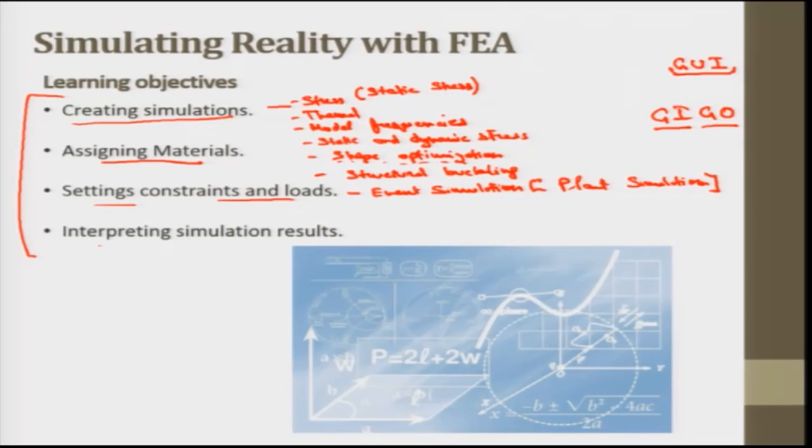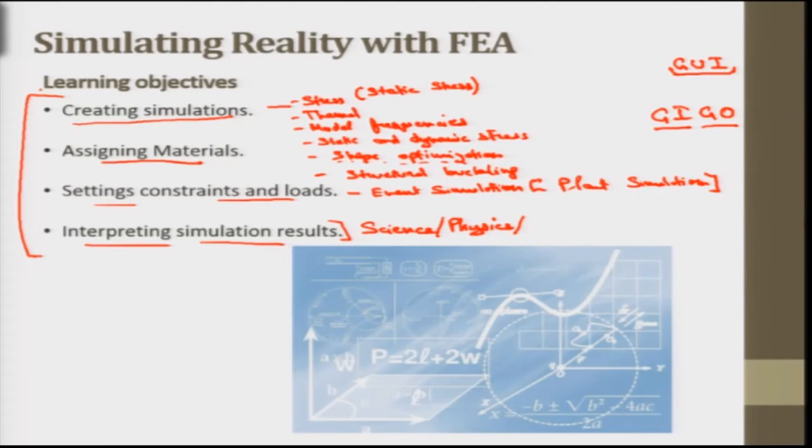Next is interpreting the simulation results. Unless you know the science, or I would say physics, behind the outputs that are coming, we cannot interpret the results. That is important. So these are the things generally covered in computer aided engineering.